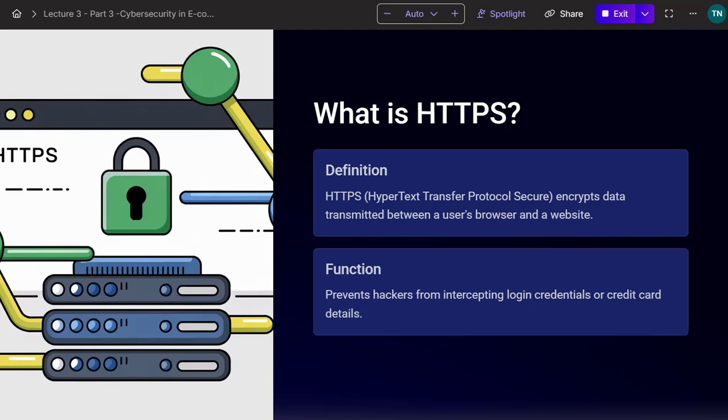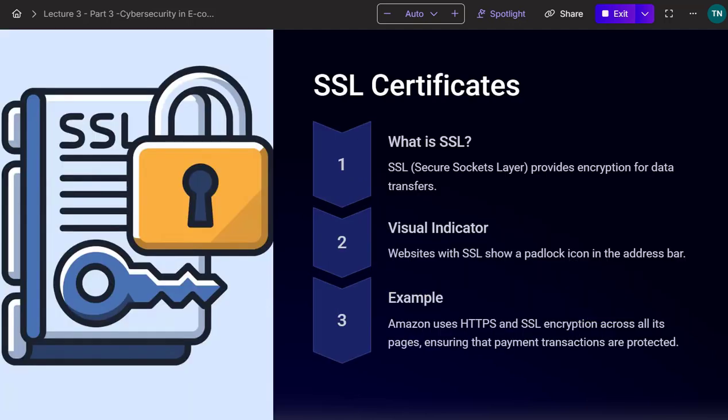The encryption creates a secure private connection that protects the user's data. You can identify an HTTPS connection by the padlock icon and HTTPS prefix in the browser address bar. HTTPS is essential for protecting sensitive user information and ensuring secure online transactions.